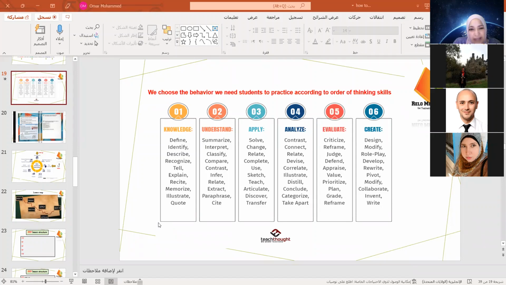This display. It can be compare habits. So very good. Compare is very good. It's related to the second level.